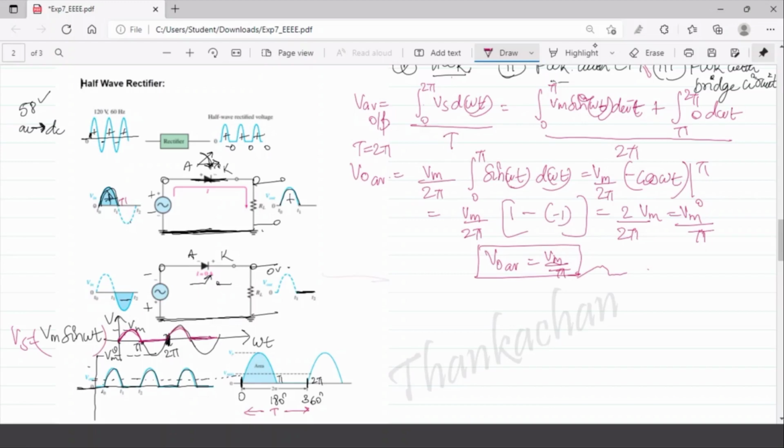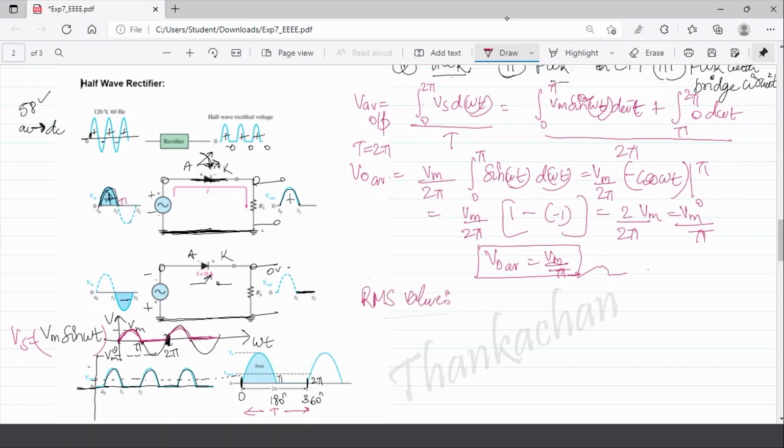Fine. Now another term which you need to define here, and derive, is the RMS value.